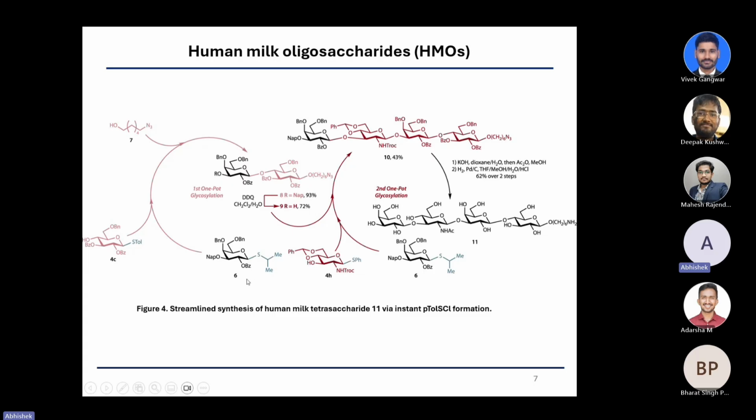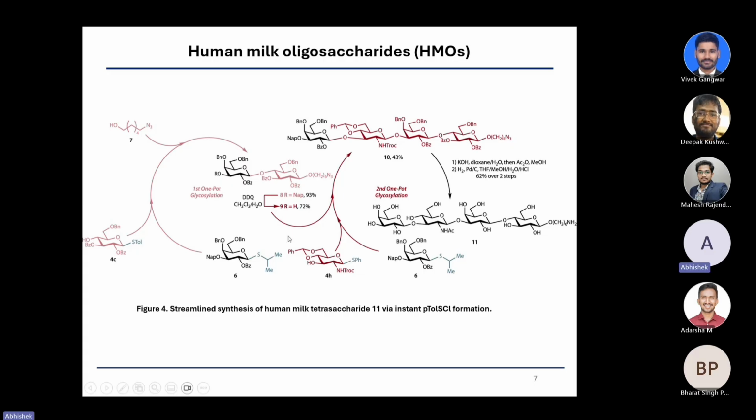Then in parallel, 6 was activated and glycosylated with 4H and this Cbz-protected amine, which then reacted with the acceptor prepared in the first part, forming this tetrasaccharide, which after reaction with NaOH and global deprotection gives this human milk oligosaccharide compound.